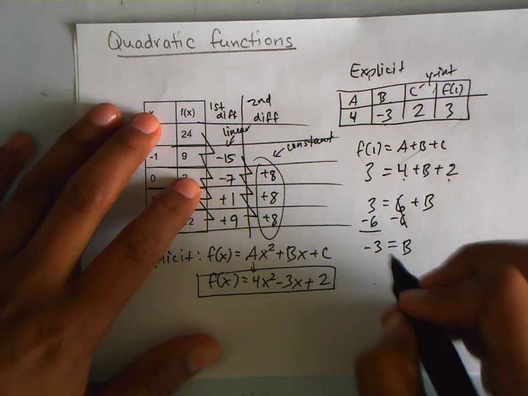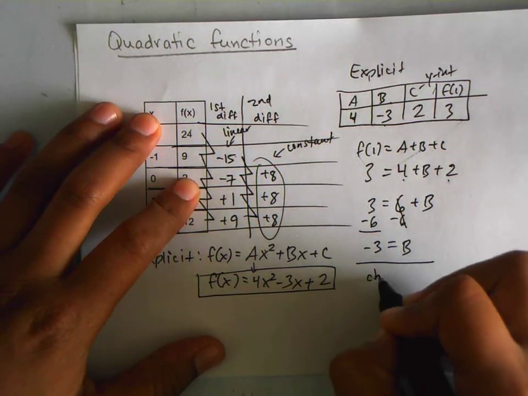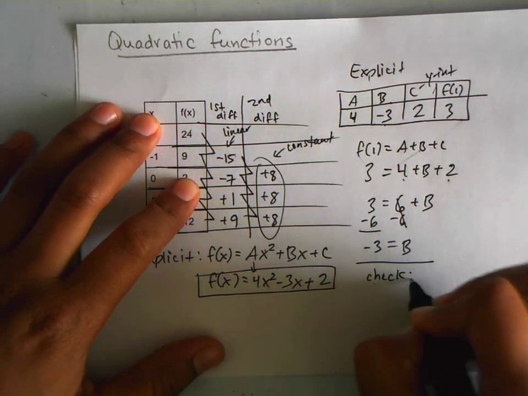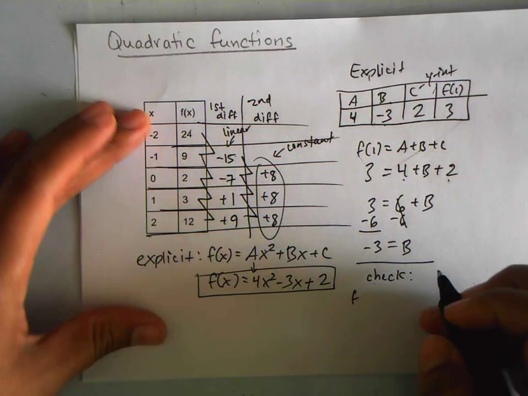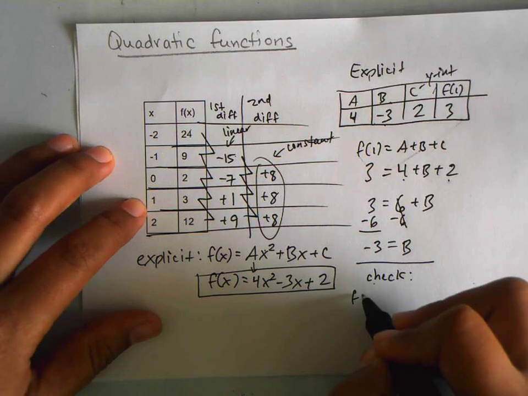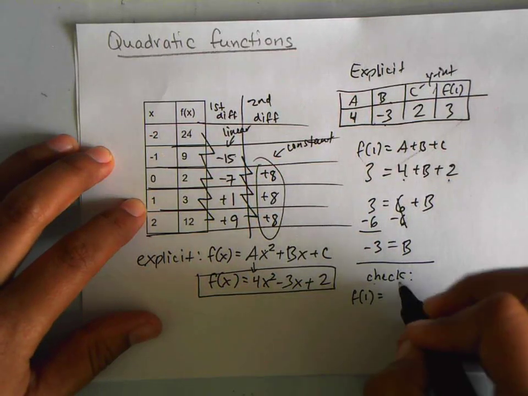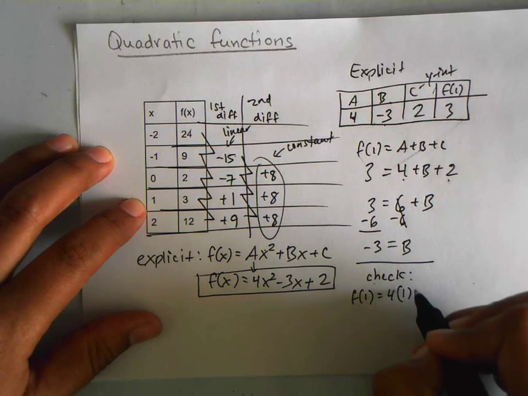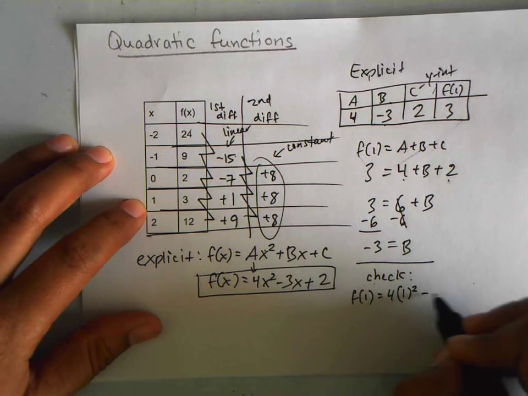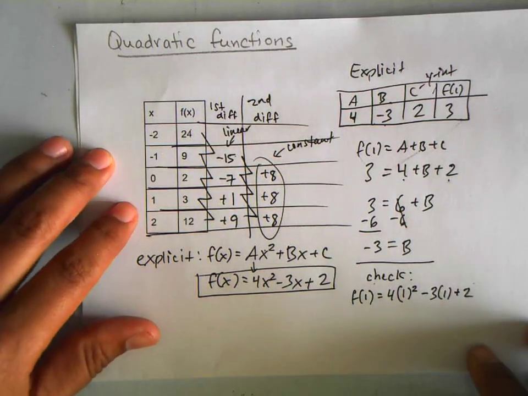But let's go ahead and check it. Make sure you check it. Hope I did it right because I don't want to redo this video. Let me just check some point. How about 1? That seems simple enough. So I have 4 times our x squared, which in this case is 1, minus 3 times 1 plus 2.